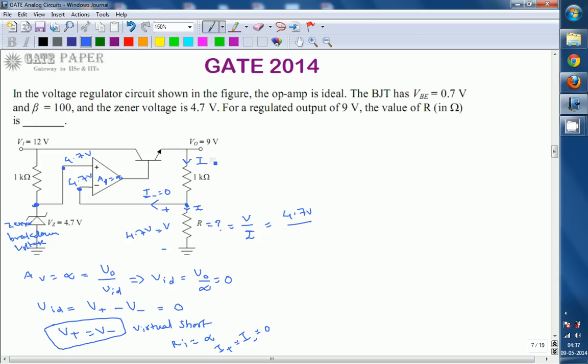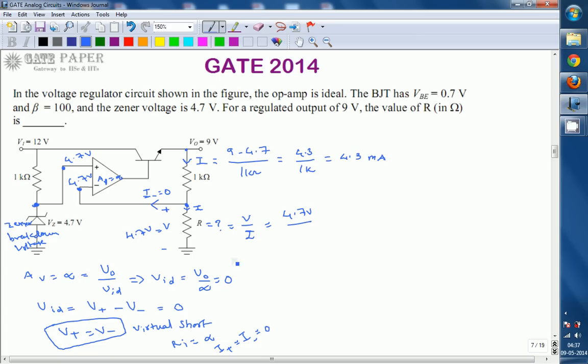This I can be calculated as the voltage drop across this 1 kilo ohm resistor divided by 1 kilo ohm. What is the voltage drop across this resistor? The top side of this resistor is connected to 9 and the bottom side is connected to 4.7. This voltage difference divided by 1 kilo ohm is 4.3 divided by 1 kilo ohm, which is 4.3 milliamperes.